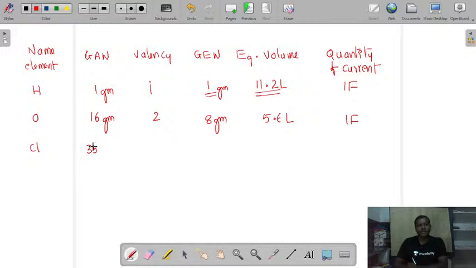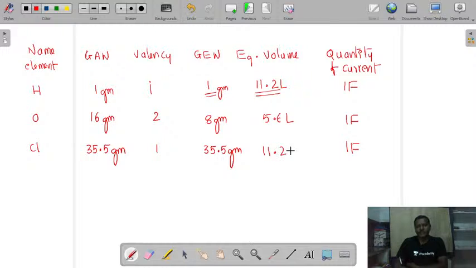The next one is chlorine. Its gram atomic weight is 35.5 grams and its valency is 1, so the gram equivalent weight is 35.5 grams. To deposit the equivalent weight of a substance, 1 Faraday of current is required.